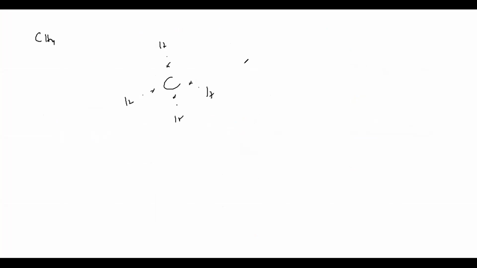So you can see the number of bond pairs: there are 4 bond pairs, and lone pairs 0. If 4 bond pairs and no lone pair, then it will be tetrahedral. And how do you draw this tetrahedral structure? Any 2 of them you show in the same plane.